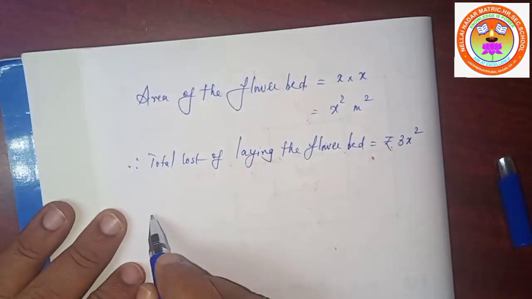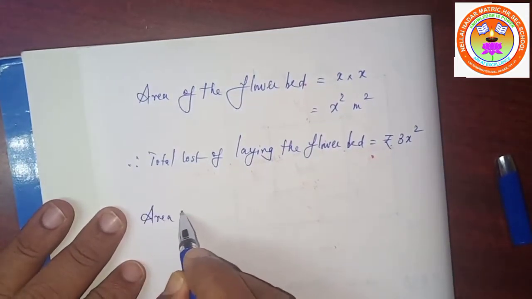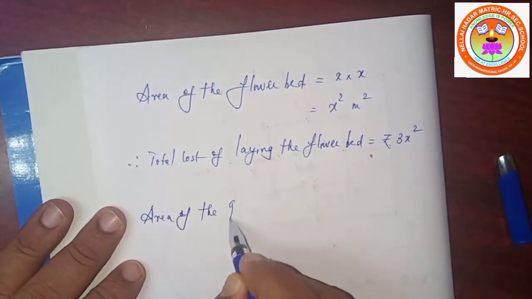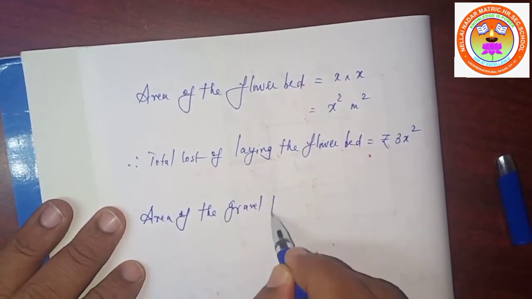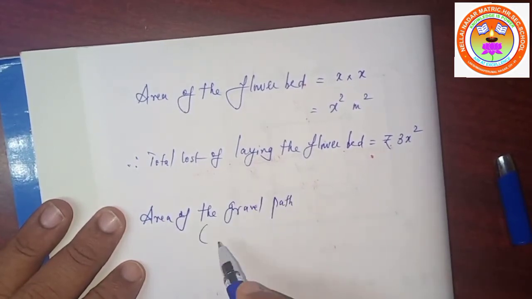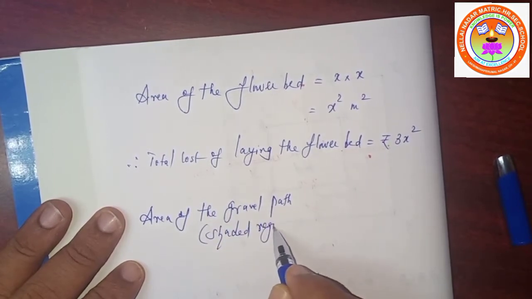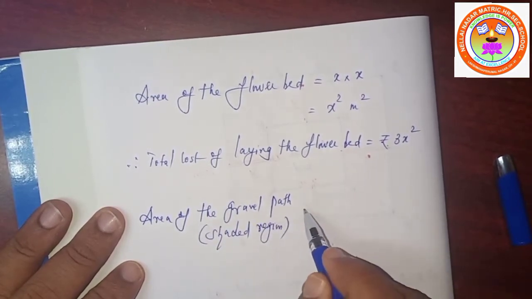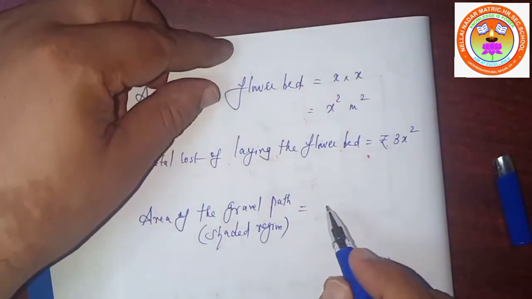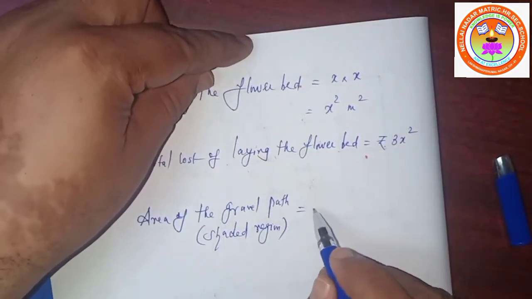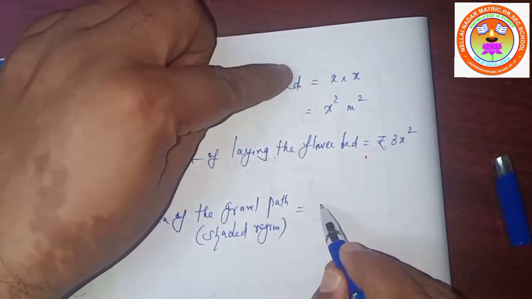Now, area of the gravel path, that is the shaded region. For finding the shaded region area, first you have to find out the outer square. Outer square, that is ABCD.